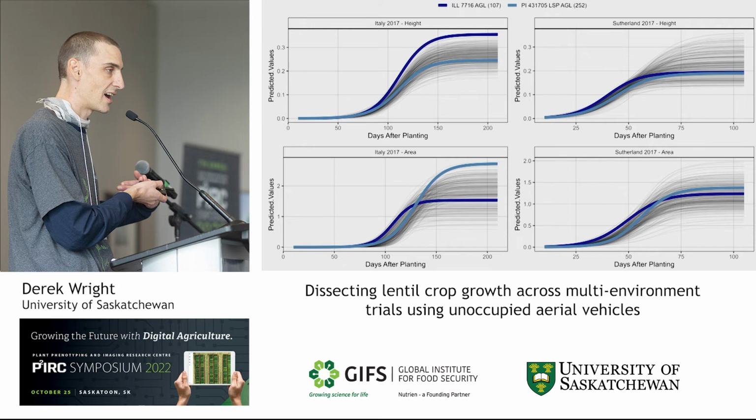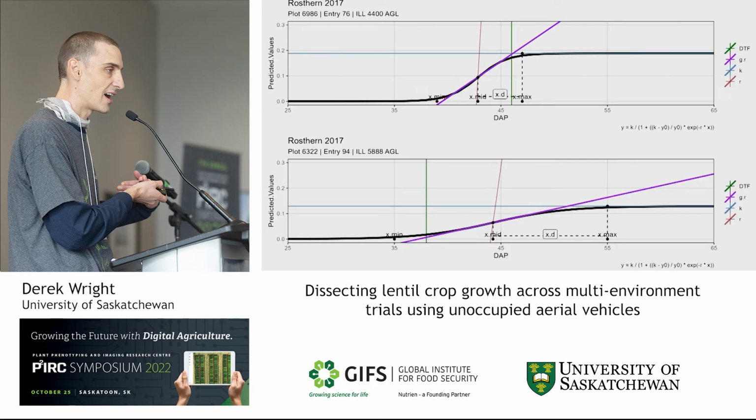However, once we take these 2 to Italy, we can see that one of them has relatively high height and low area, and the other one has relatively high area and low height. And so this is nicely illustrating a very strong G by E interaction going on.